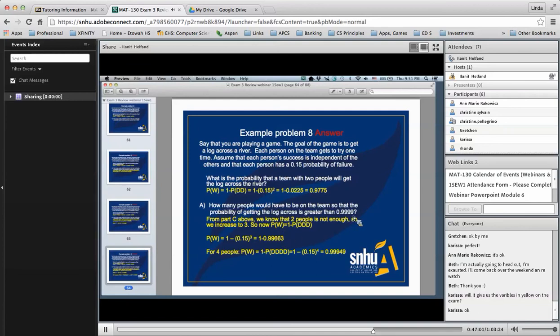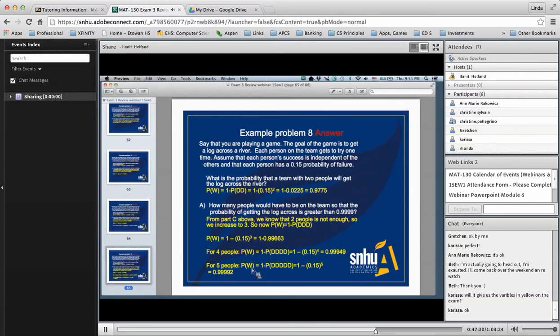So let's go up to 4 people. With 4 people, the probability of getting a win is 1 minus the probability that 4 people drop it, because in order to lose, in order to not manage to get this log across, all 4 people need to screw up and drop it. So it's 1 minus 0.15 to the 4th power. Still not high enough. All right, let's try 5 people.